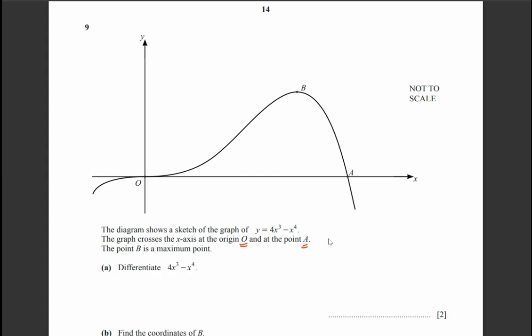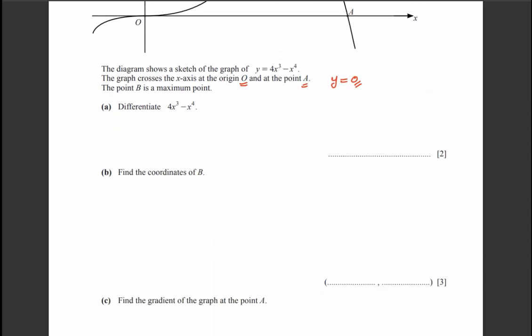That means at point O, which is the origin, and at point A, y equals 0. So if I want to find it during the question, I will find it by putting y equal to 0.